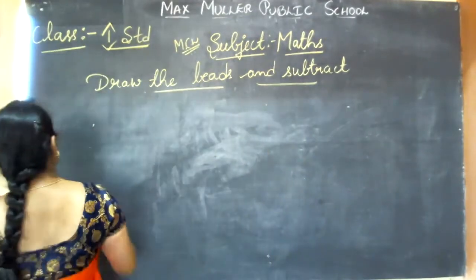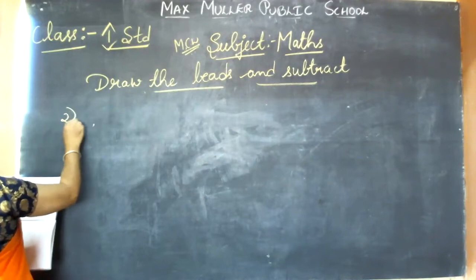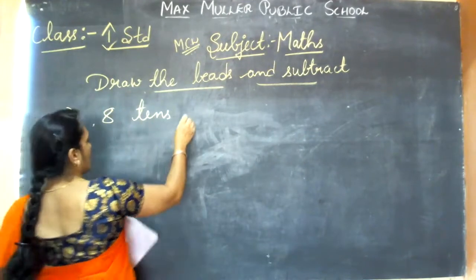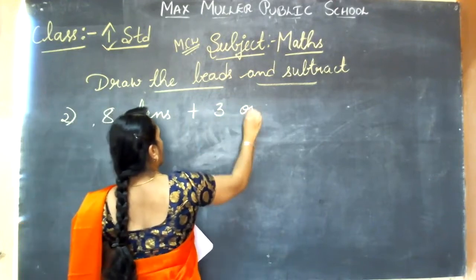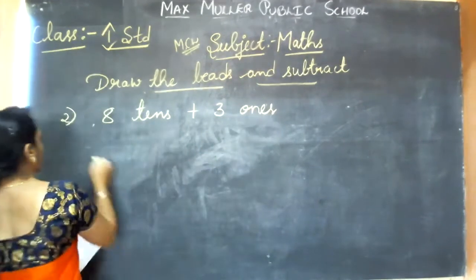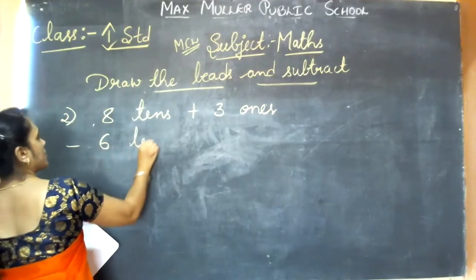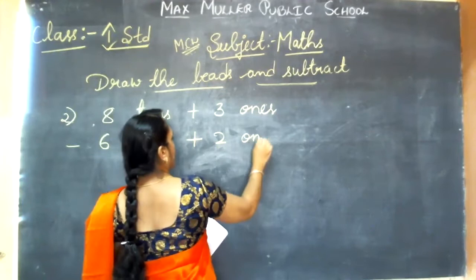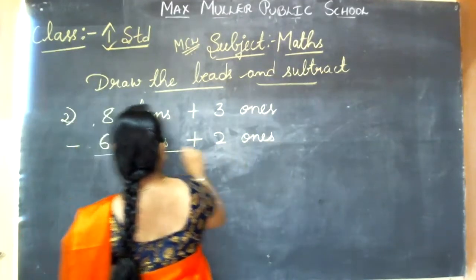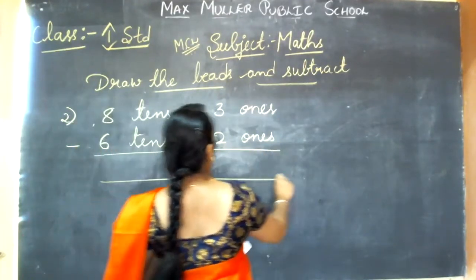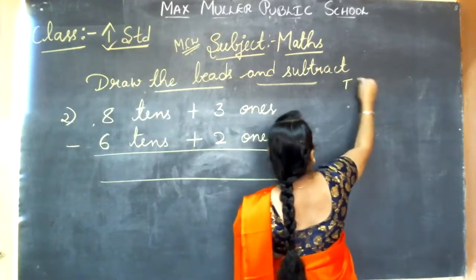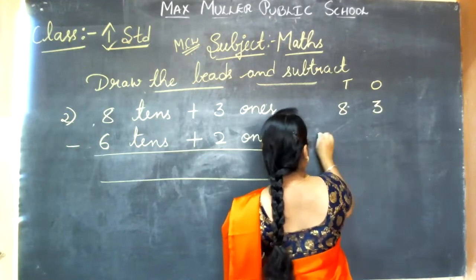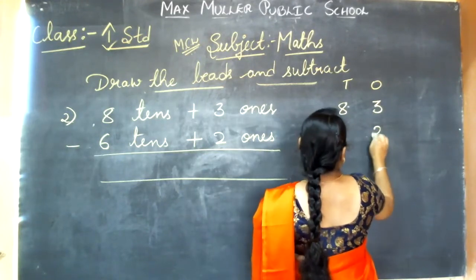Just turn the page and write the second sum: 8 tens plus 3 ones minus 6 tens plus 2 ones. Tens 3, 6, 2.